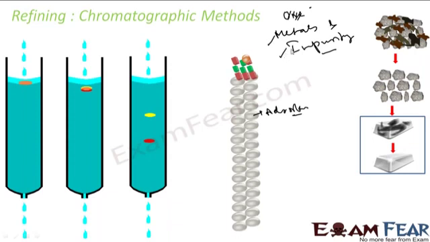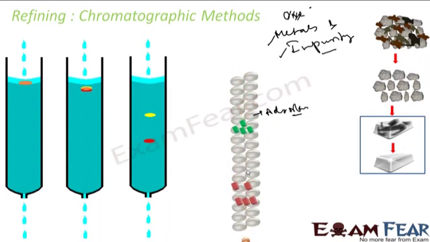For example, see this animation, let's suppose there are 3 different parts in this whole metal, right? But if you see, they are adsorbed at a different level. So the adsorption capacity is different. The green one is least adsorbed, so it flows faster. The red one is maximum adsorbed, so it flows slower. This is the red ball, and the red square one is medium adsorbed.